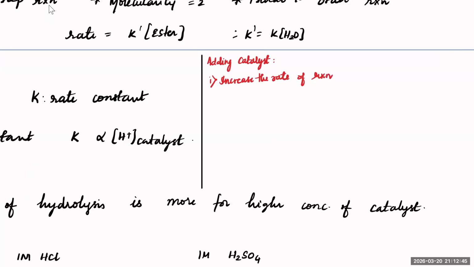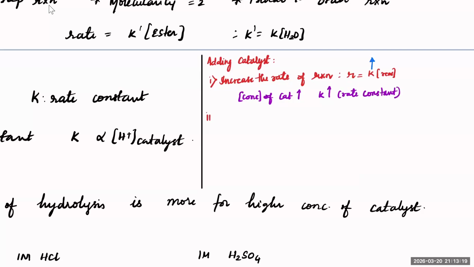Increasing the rate of reaction means rate is equal to some constant into concentration of the reactants, correct? But does it change the reactant concentration? No. So what it is exactly increasing is the rate constant. So basically, if the concentration of catalyst increases, the rate constant of the reaction increases. Got it? That's one thing we should understand.